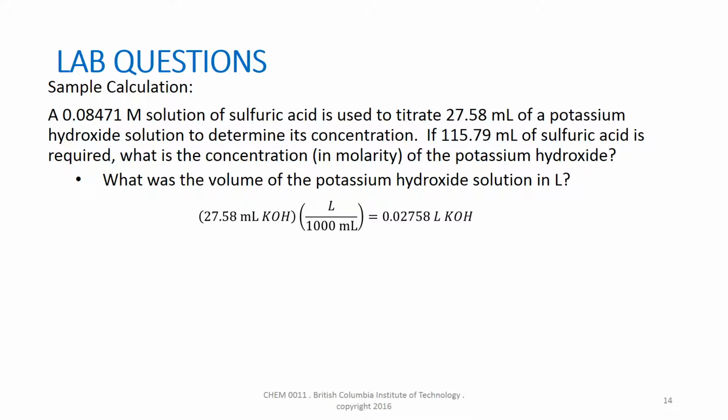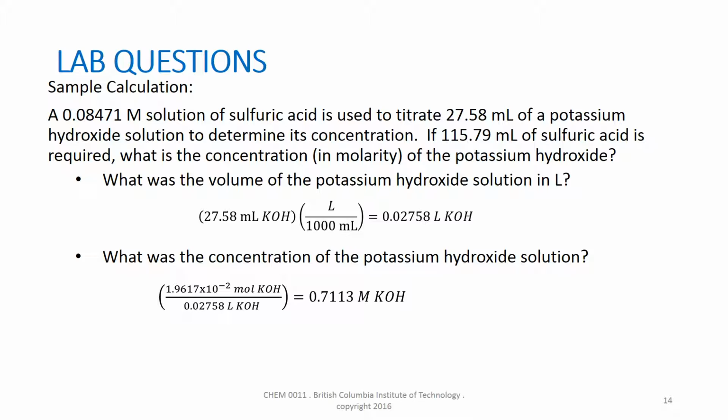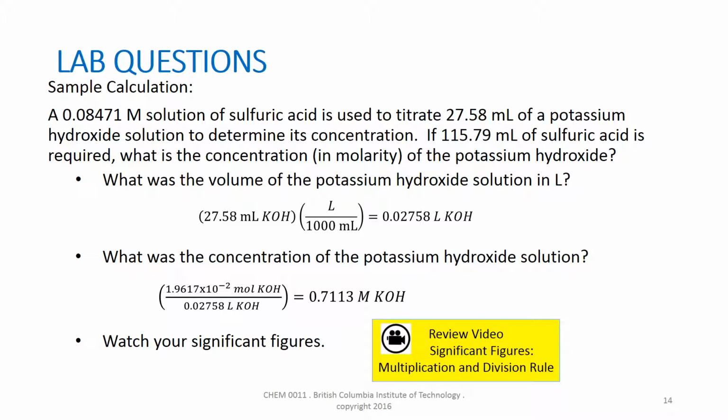Since there are 1,000 milliliters in 1 liter, 27.58 milliliters of potassium hydroxide solution is equal to 0.02758 liters of solution. The concentration of potassium hydroxide is then obtained by dividing the moles of potassium hydroxide by the volume of potassium hydroxide solution. The concentration of potassium hydroxide solution is found to be 0.713113 molar. Remember to watch your significant figures. If help is needed, review the significant figure videos.